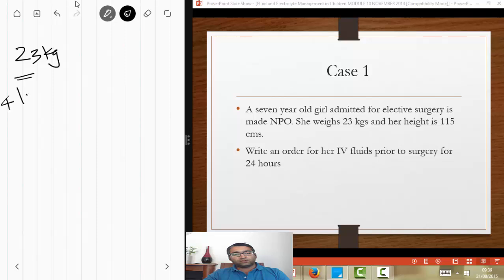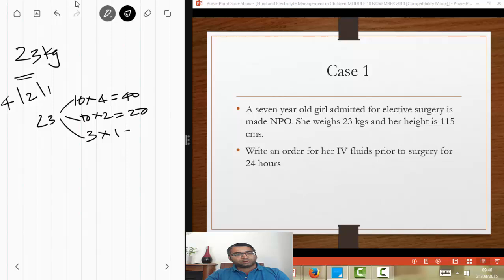So we use our 4 to 1 rule. We've got 23 kilos: 10, 10 and then 3 kilos. So the first 10 kilos will be 40, second is 20, and then just 3 after that. So you've got 63 ml per hour.